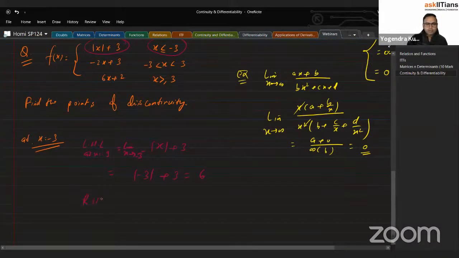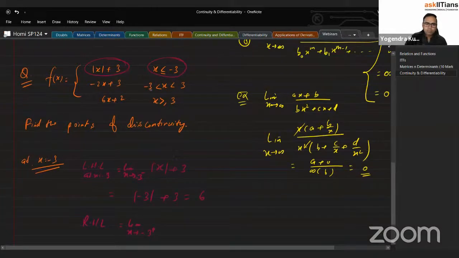Now RHL will be what? Limit x tends to minus 3 plus. For minus 3 plus, what is the function I have? For x greater than minus 3, because minus 3 plus means a number which is greater than minus 3. So this is the function I have, 2x plus 3. So when I put the limit here, minus 2 into minus 3 plus 3, what are we getting?